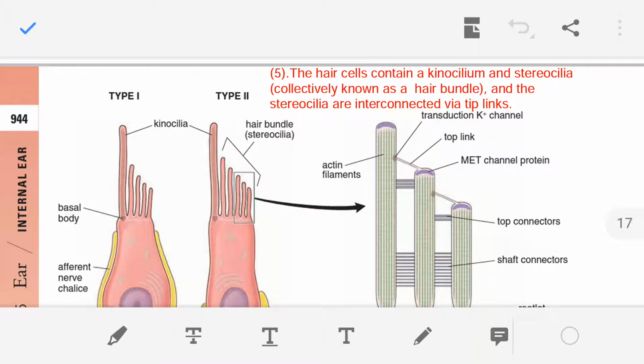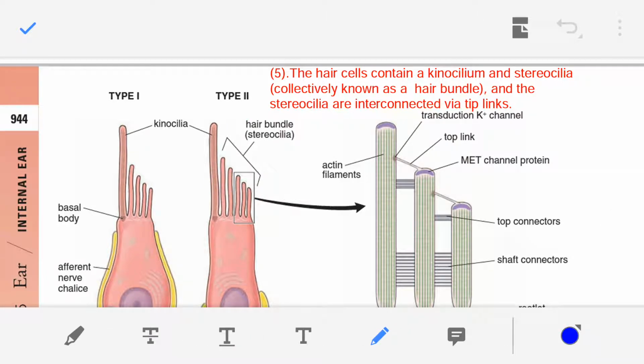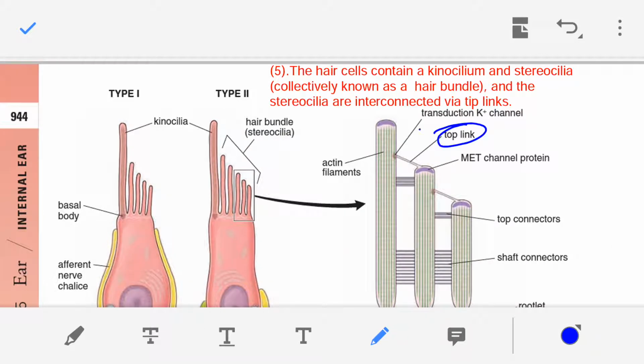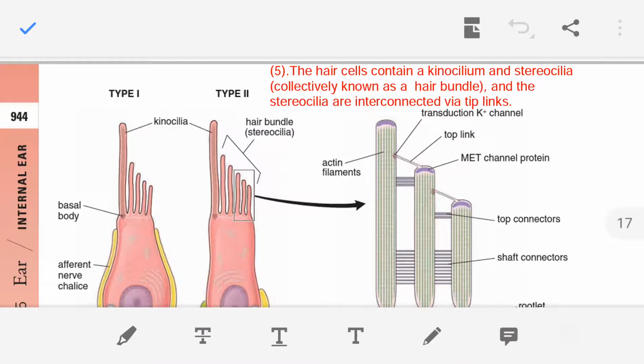The name is written here, and the stereocilia are interconnected via tip links. This one is stereocilia, this one is stereocilia, and this is the tip link they are showing. So stereocilia are interconnected via tip links.